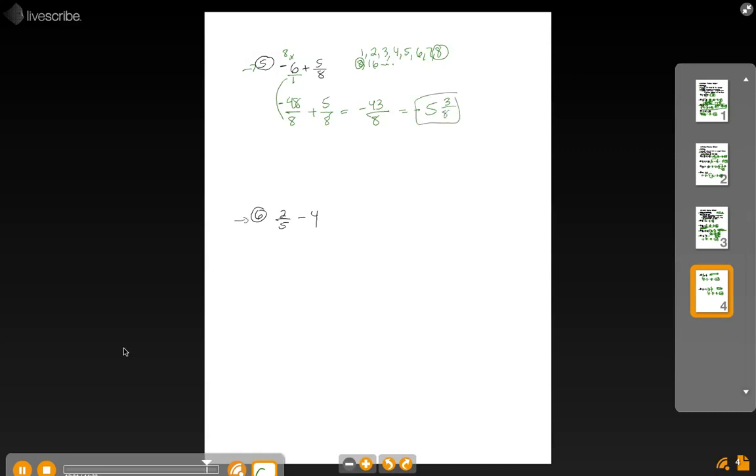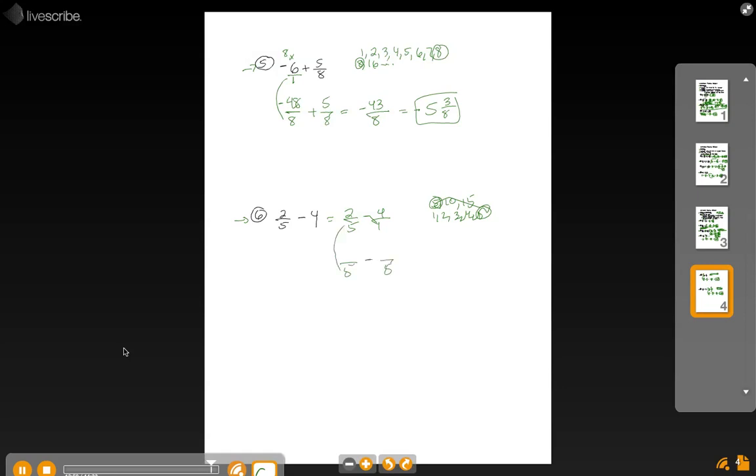And finally, number 6, 2/5 minus 4. Again, you've got to put that 4 over 1, or you don't have two fractions to work with here. The LCD here is 5, and the reason I know that is because if you list all the multiples, the lowest multiple that they have in common is 5. So we need them both to be 5s.